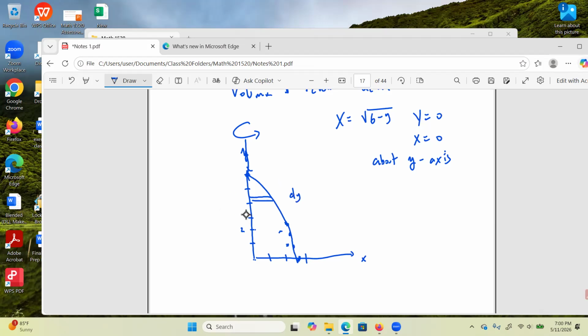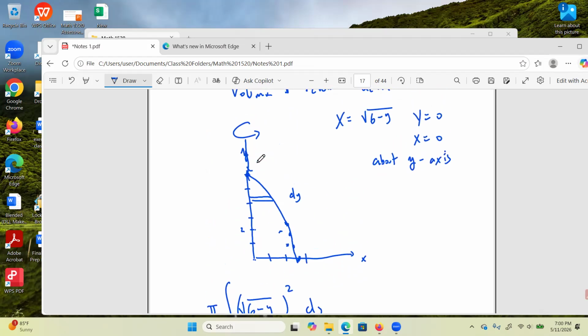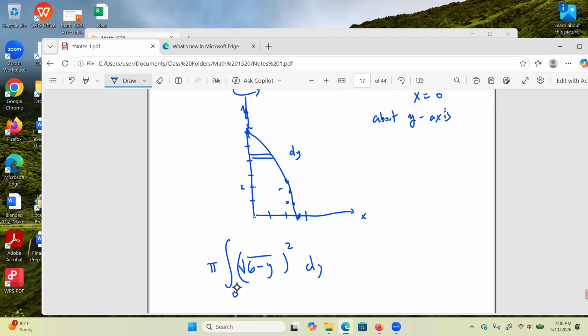Let's go ahead and integrate this piece. So we have pi, here's my 6 minus y, and we still have to square my radius, dy. It looks like this is going to go from 0 to 6 as far as y goes.